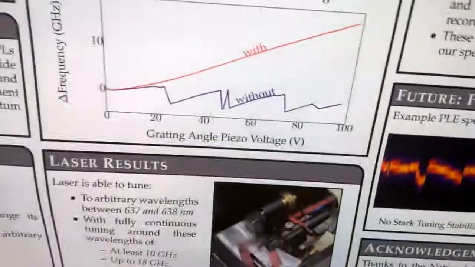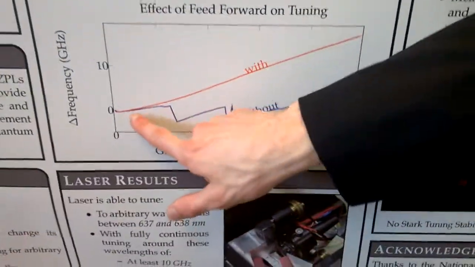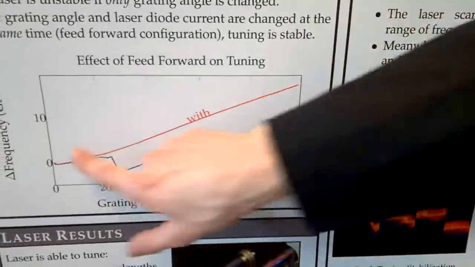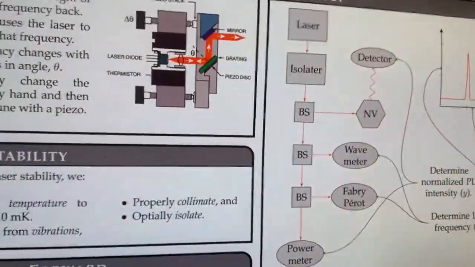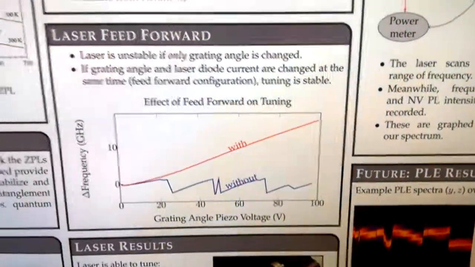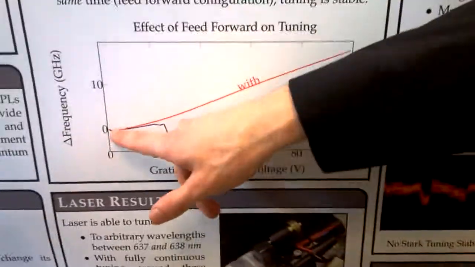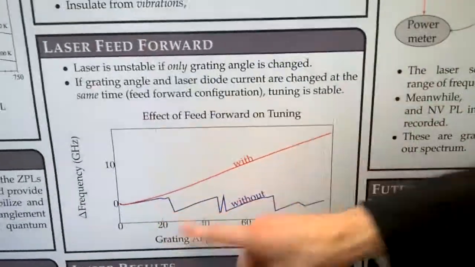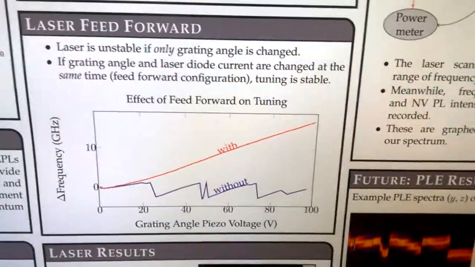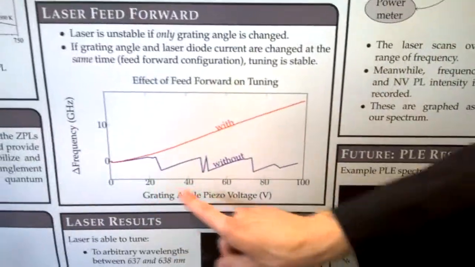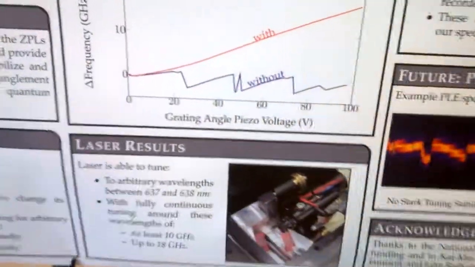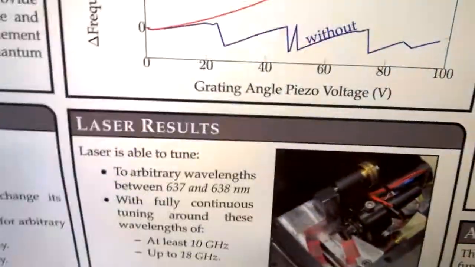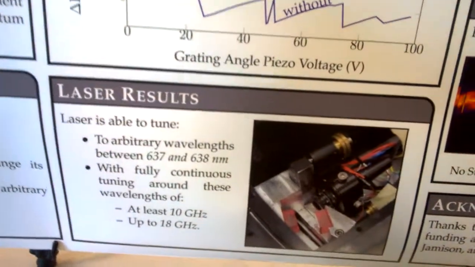By applying feed forward, we can make it look like this, by applying current to the laser diode proportionally to the grating angle change, and we can make it nice and smooth. That's important because we want a smooth frequency change. We don't want it jumping all over. We want to say, go to this angle and have it be at this frequency. I see. The laser is able to tune to arbitrary wavelengths between so and so, with fully continuous tuning around these wavelengths of at least blah to blah.